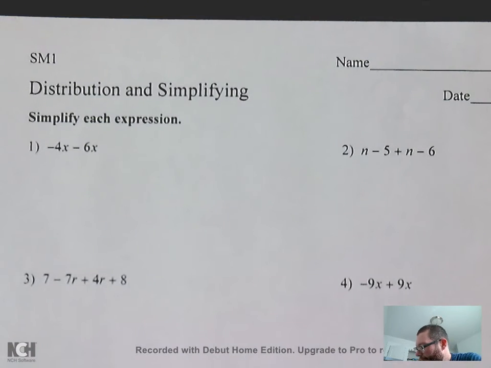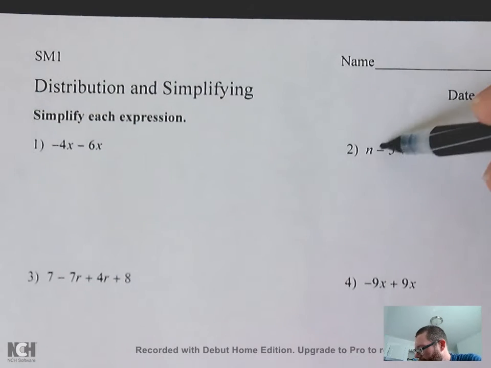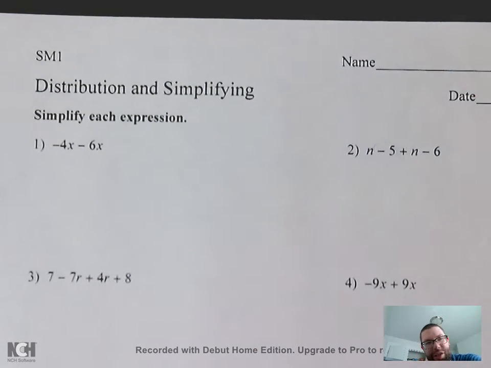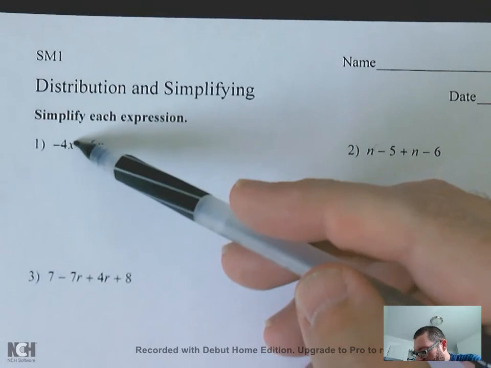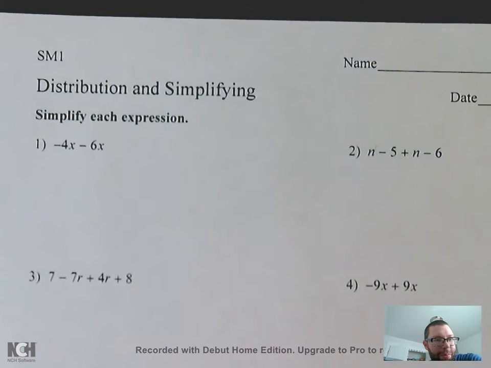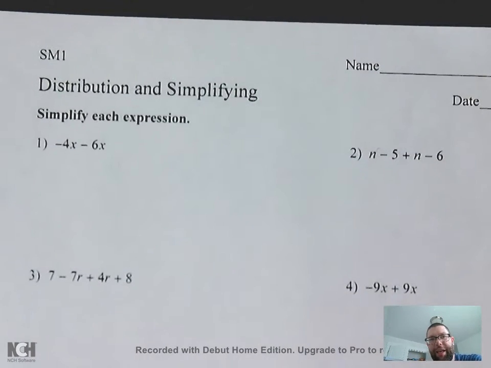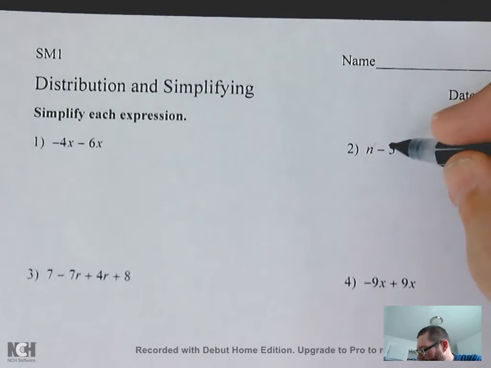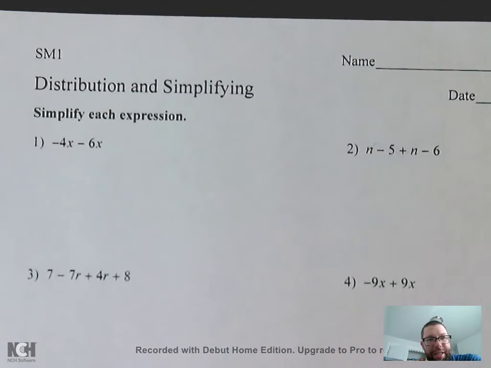A term is the stuff separated by the additions and subtractions. You might have things that are multiplying or dividing, but those are combined into a term with whatever they're multiplying or combining with. Okay, so terms are separated by addition and subtraction signs.